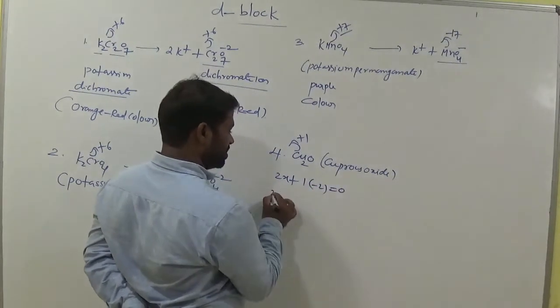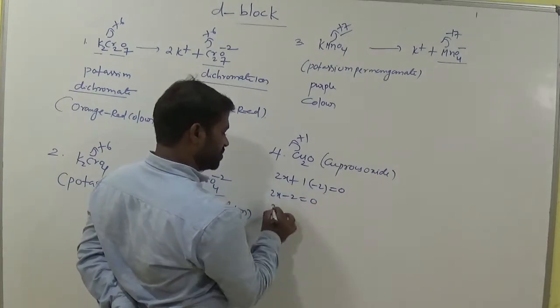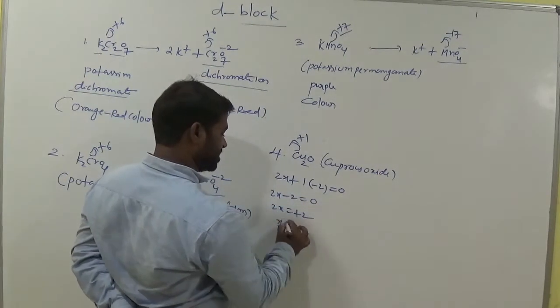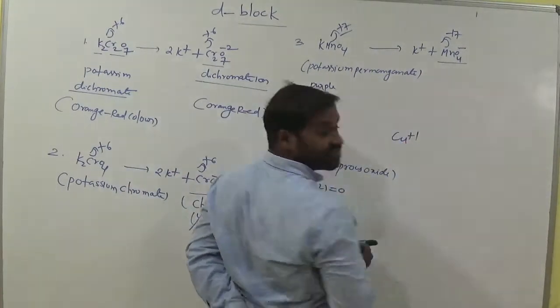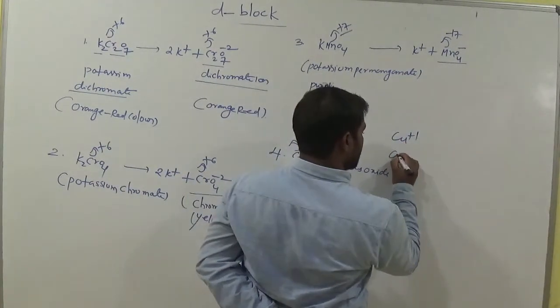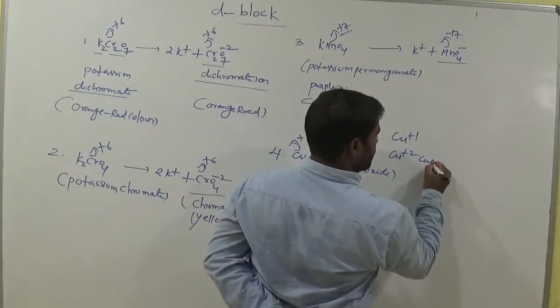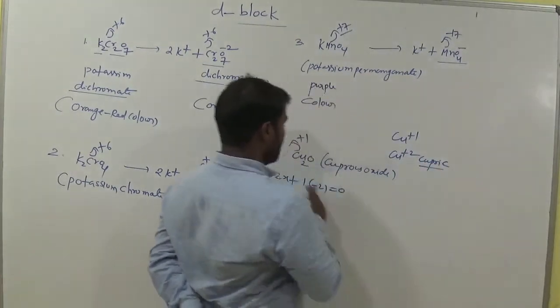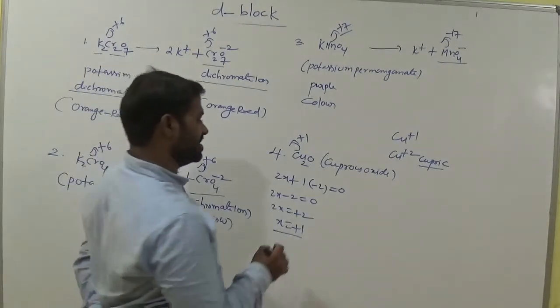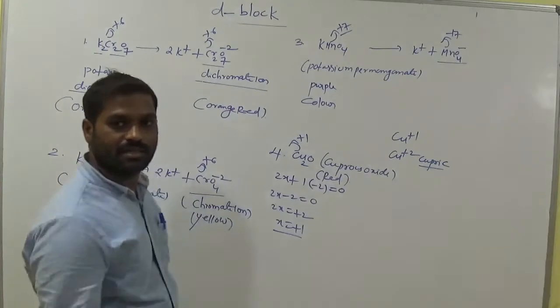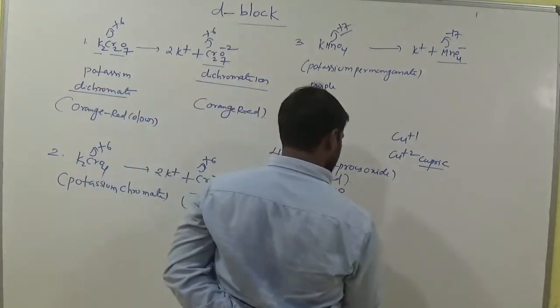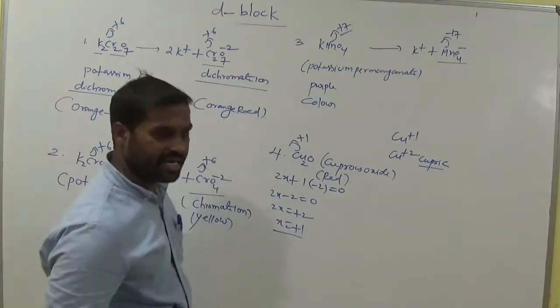So 2x minus 2 equals 0, 2x equals plus 2, x equals plus 1. Copper plus 1 is cuprous, copper plus 2 is cupric. Here it is cuprous oxide, which is red in color.